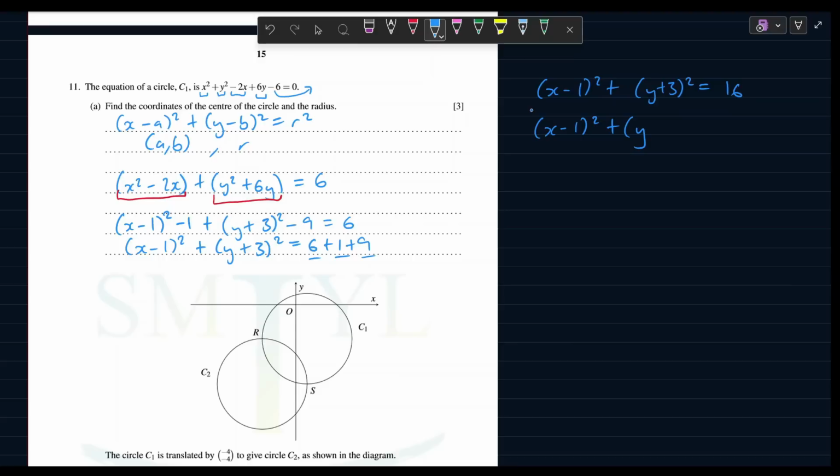We want to see this negative sign, so I'm going to write this as minus negative 3. This is squared, and this is equal to 16, which is 4 squared. All right, so the coordinates of our center are going to be (a, b). So that means the center is going to have coordinates (1, -3). And our radius is going to be 4. Okay, so this is our final answer here.